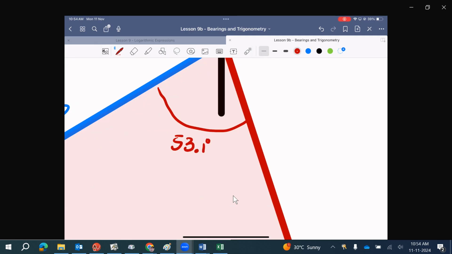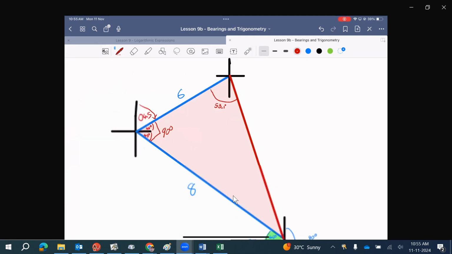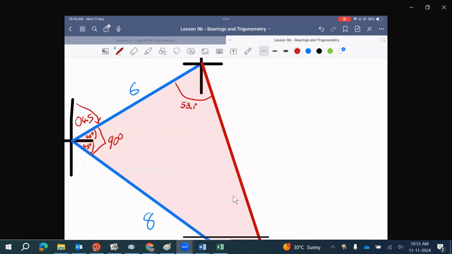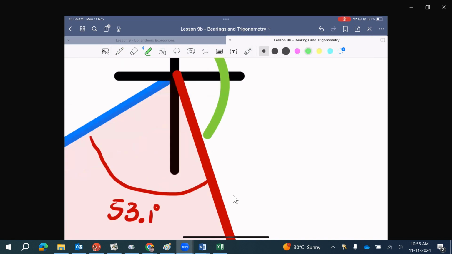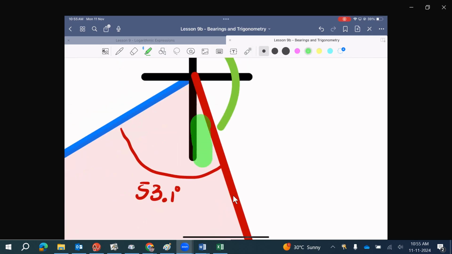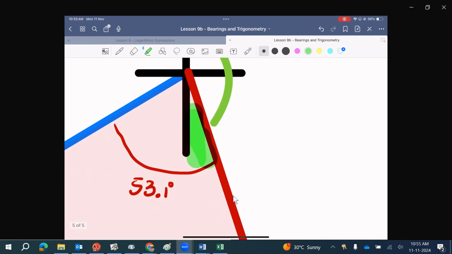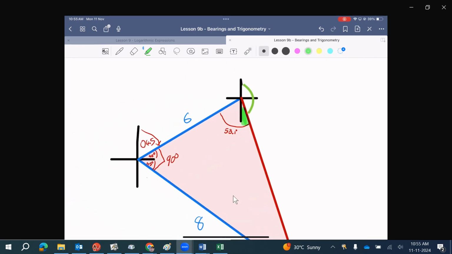In order to get the bearing, our bearing that we're after is this angle here. That's what we're after. In order to find that, we must find this angle there. Well, if we know that that's 53, we just got to remove the other bit.